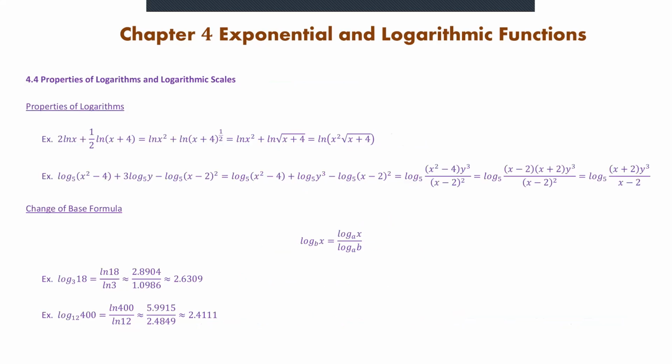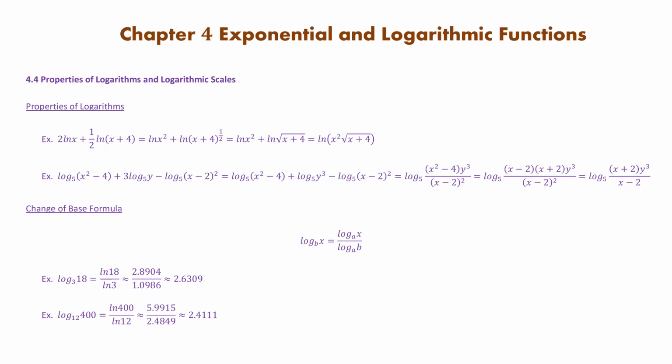So we just broke up the logarithm of some expression into several terms, but we can also do a similar thing backwards if we have a sum or difference of logarithms. We can combine them into one logarithm as long as they have the same base, like the examples in here.